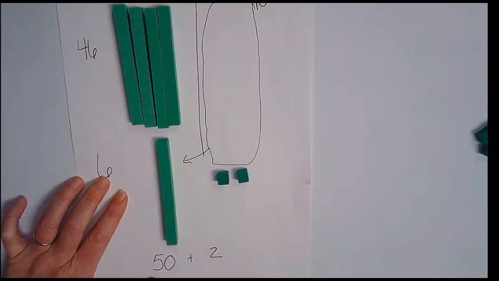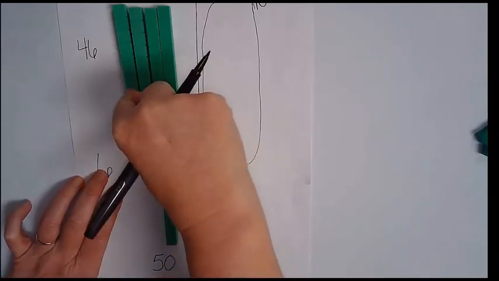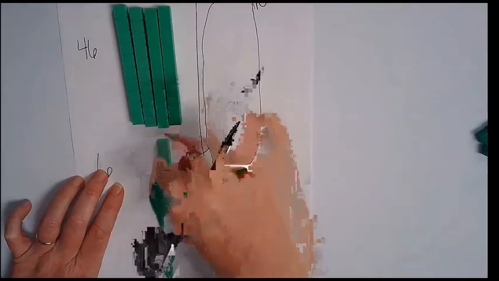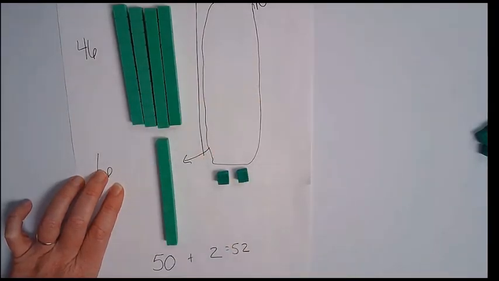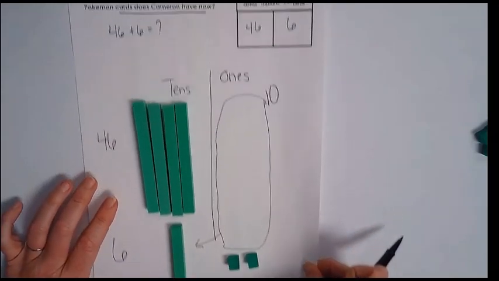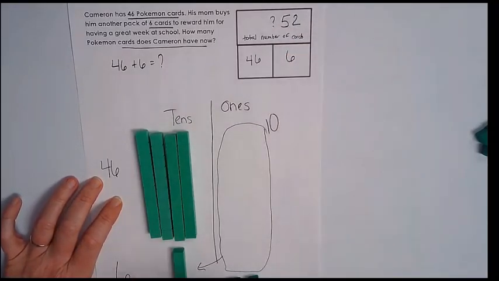I know 50 and 2, or 50 plus 2, equals 52. I can also check that by counting 10, 20, 30, 40, 50, 51, 52. So that means now Cameron has a total of 52 Pokemon cards.